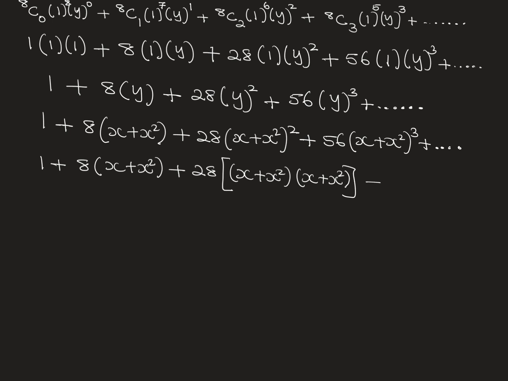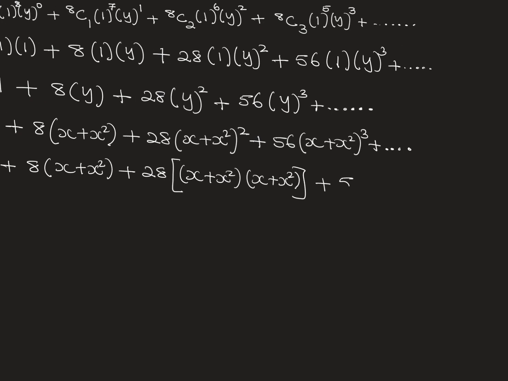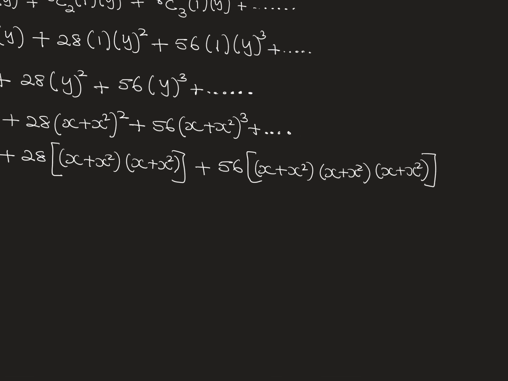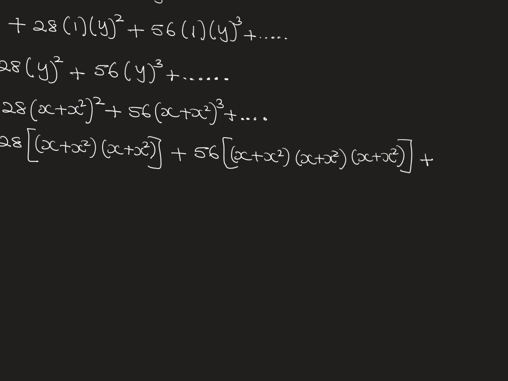Then plus 56 into, if we have (x plus x squared) to the power 3, that is the same as multiplying (x plus x squared) 3 times: (x plus x squared), then (x plus x squared), then (x plus x squared). Then plus continue.